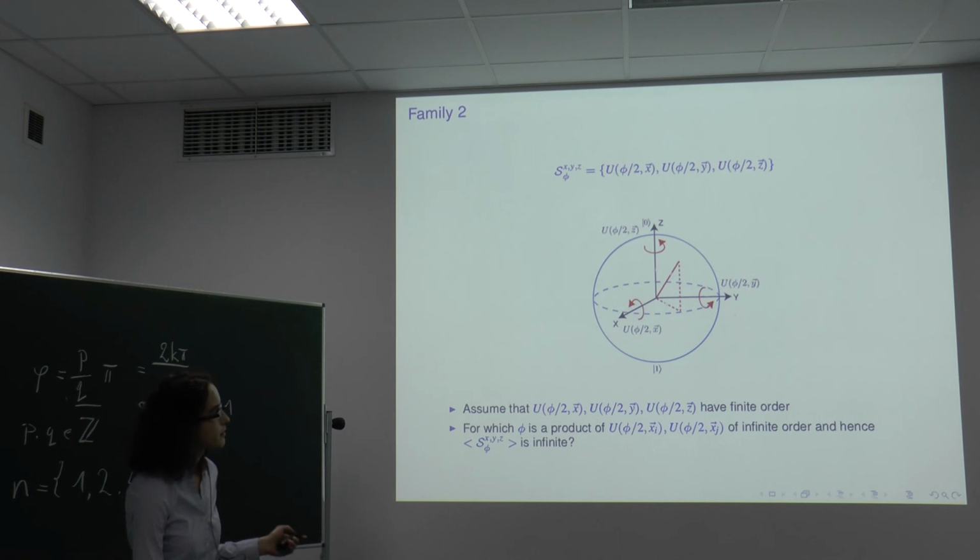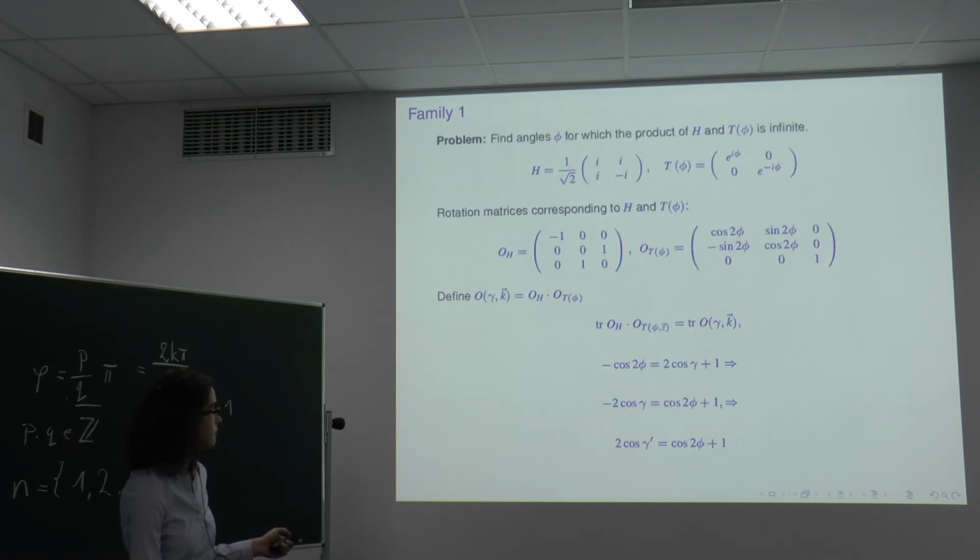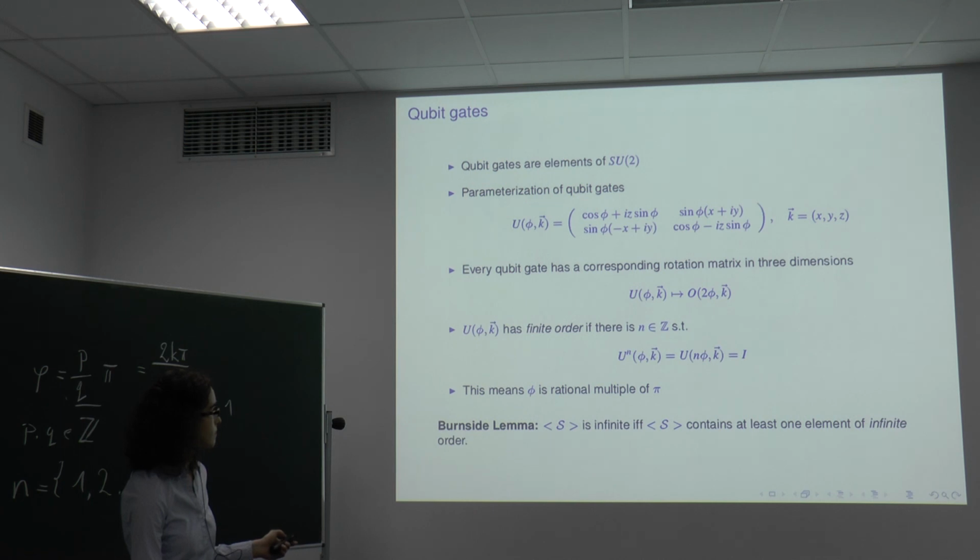However, as it was said, we don't know any qubit gate with arbitrary precision, but we know only some of its approximation. So, from a practical point of view, as Professor Białynicki mentioned, we do not know for sure if our qubit gate has finite order or infinite order.